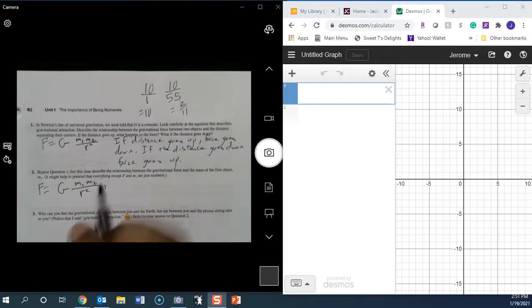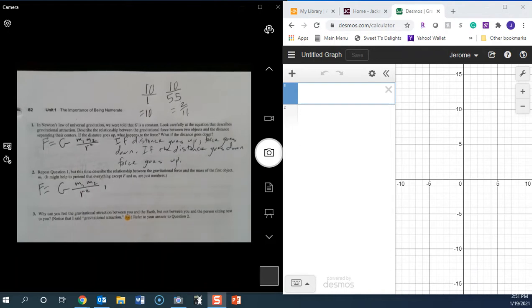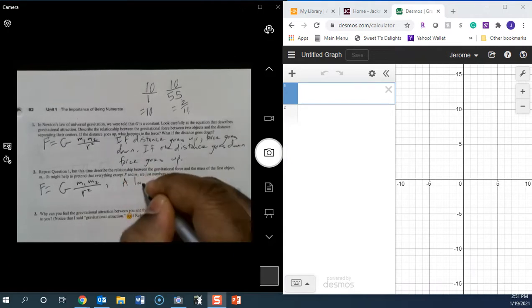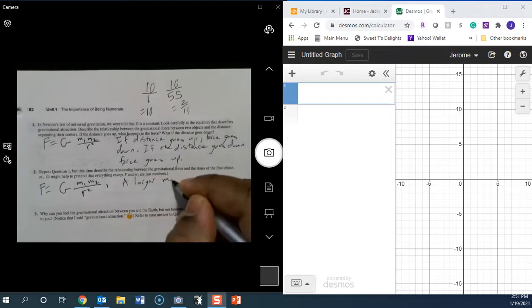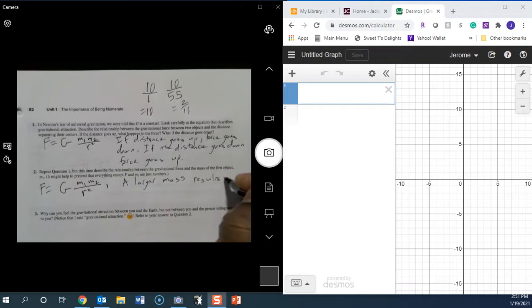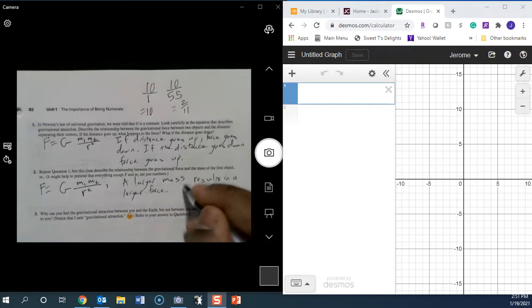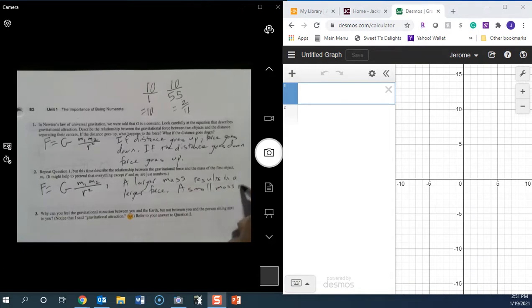Now, since the mass is in our numerator and this is multiplication, a larger mass results in a larger force. A smaller mass results in a smaller force.